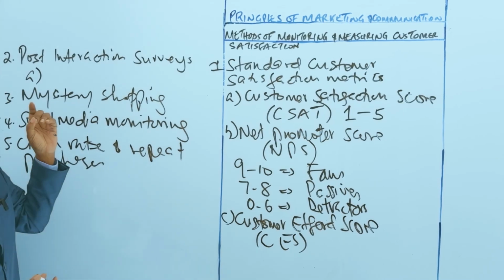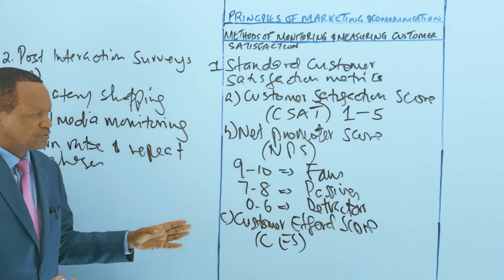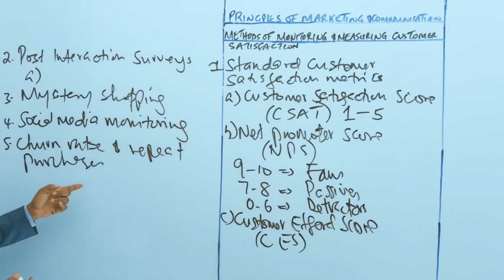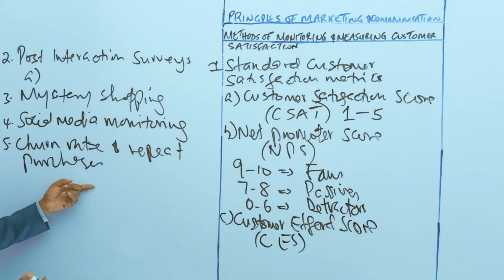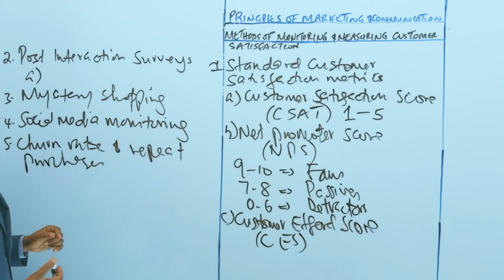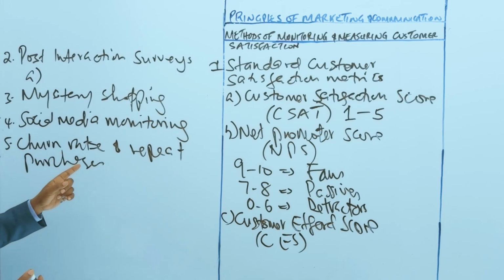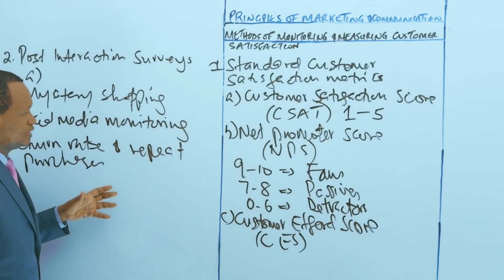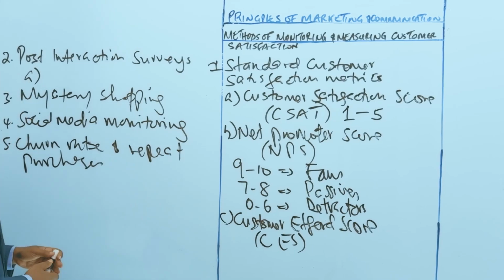You may send your surveys and get positive results. You need to counter check those positive results with the purchase rate. This is very straightforward. Churn rate is the rate at which customers are leaving your brand in a given period. Then there is the repeat purchase rate.